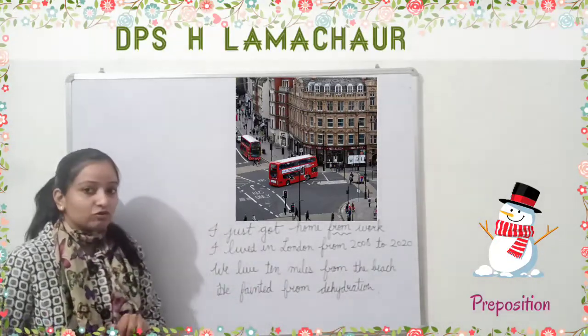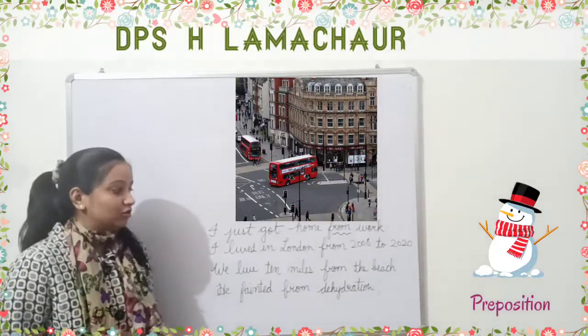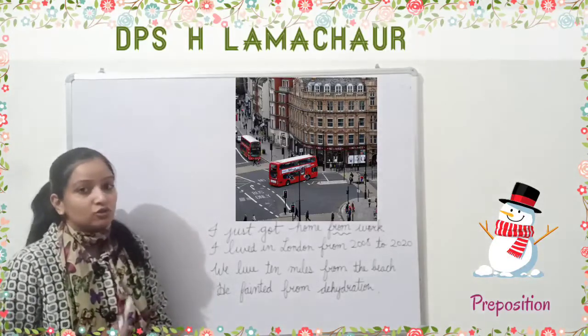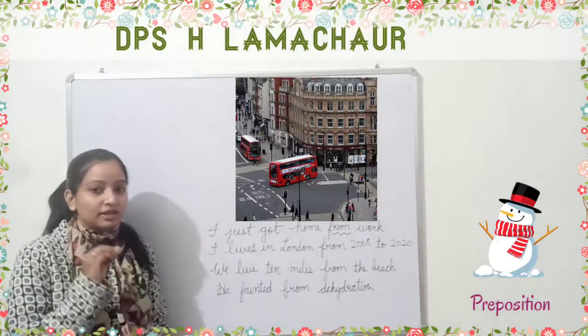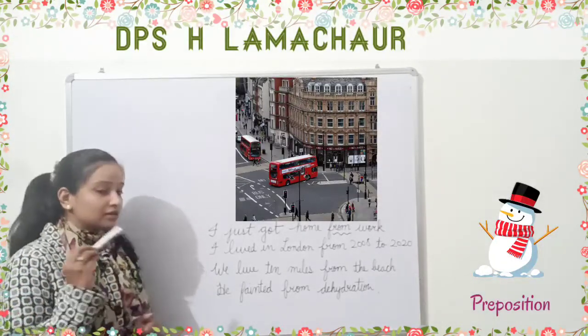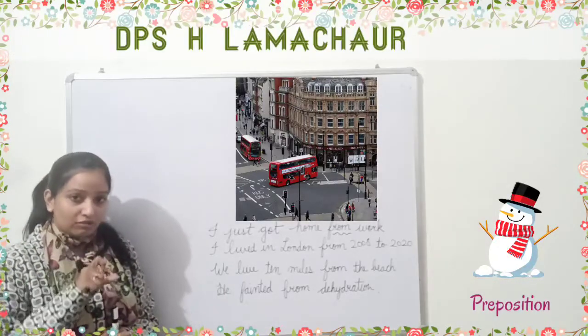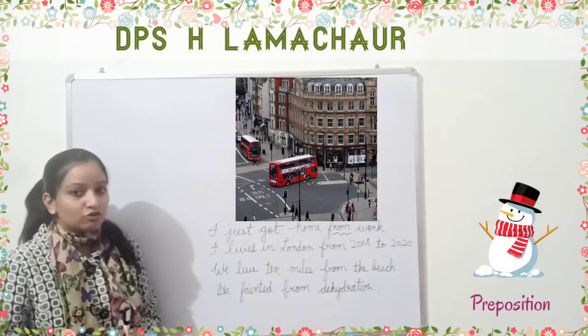When we have to tell about time, for the starting time we use from, and for the ending time we use to. Like when you write an application, you write I want leave from this date to this date. In such a case also you write from and to. For the starting point we always write from, and for the ending point we write to.